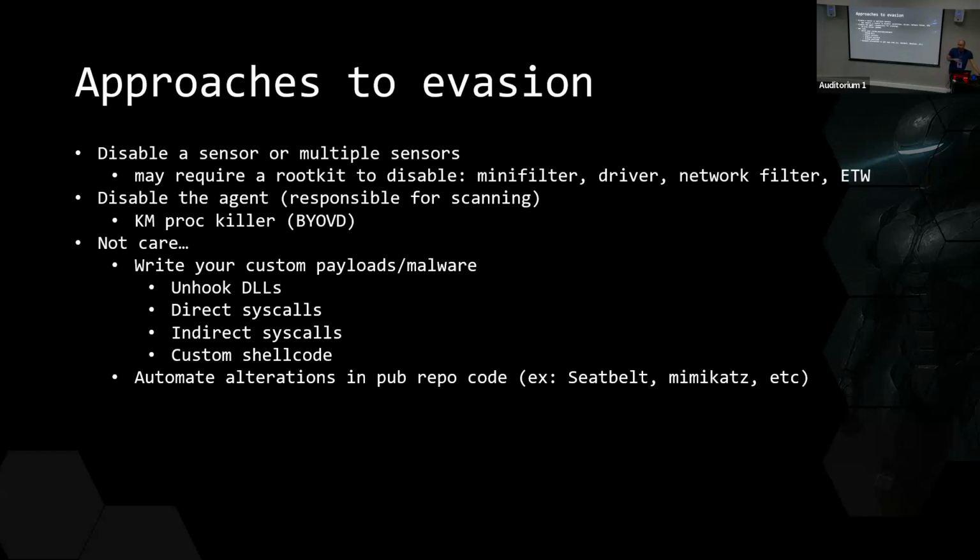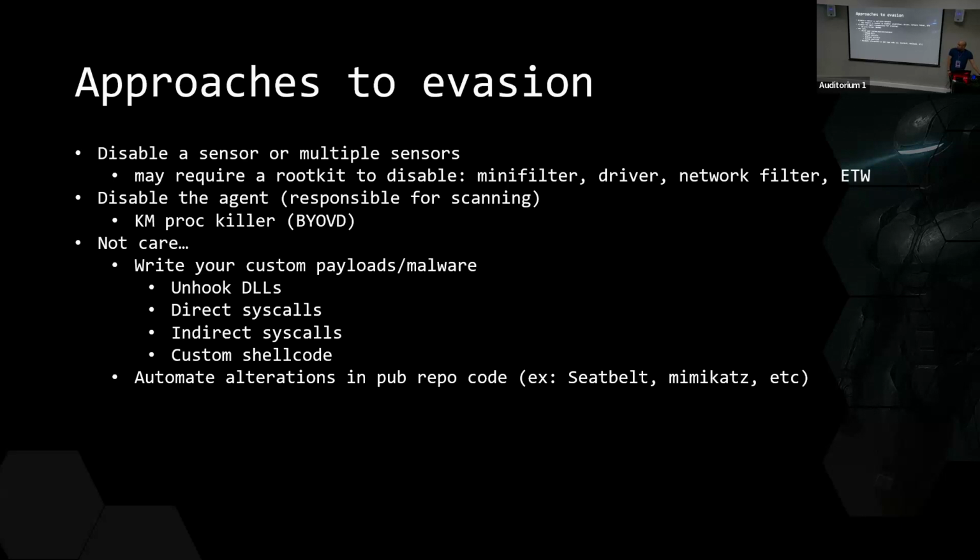Of course, you can do that with minifilters or whatever, but also you can think about disabling the agent responsible for the scanning. So even if a sensor is triggered, and it sends the information back to the EDR, but the EDR is not running for whatever reason, then you're good to go. I'm actually going to show you something like that.